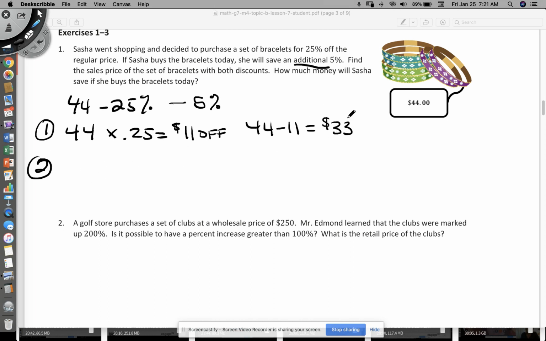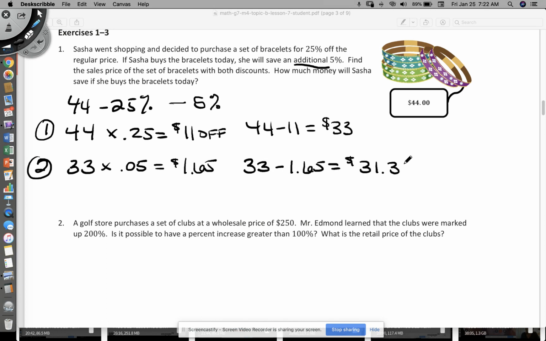So we're going to take that off of the already reduced price. So 33 times 0.05, make sure you realize 5%, you go 2 places to the left, you need a 0 there, is going to save you $1.65. So we're going to take 33, we're going to minus $1.65, and this comes out to a total of $31.35.